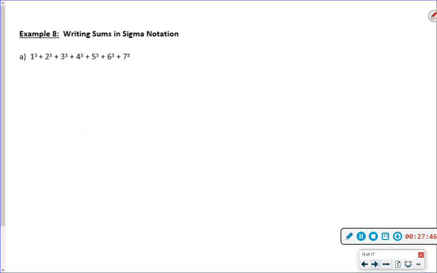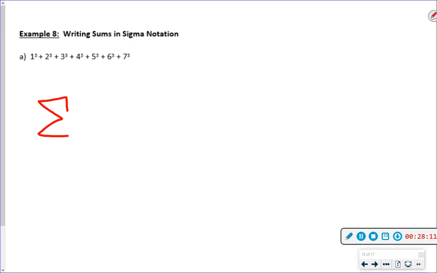All right, last thing we've got to do today, easy. The hardest part is I'm not great at writing the sigma. Okay, writing sums in sigma notation. So they want you to write it out. First let's find the pattern of the numbers. What are they doing to the numbers? It's pretty obvious. They're raising all of them to what power? 3. Now you pick your variable: n, j, k, i.